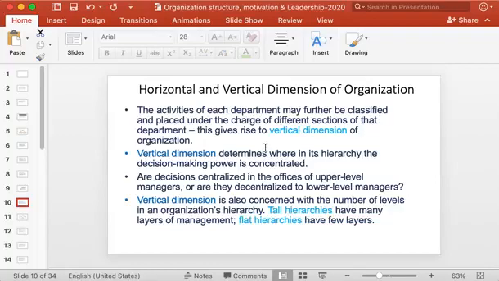Now to look into horizontal and vertical dimensions a little bit further, the activities of each department may further be classified and placed under the charge of different sections of that particular department. And in doing so, it gives rise to the vertical dimension of an organization.